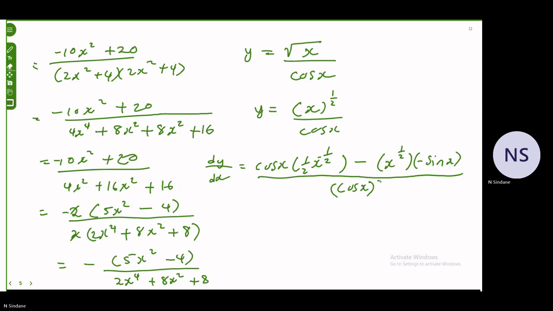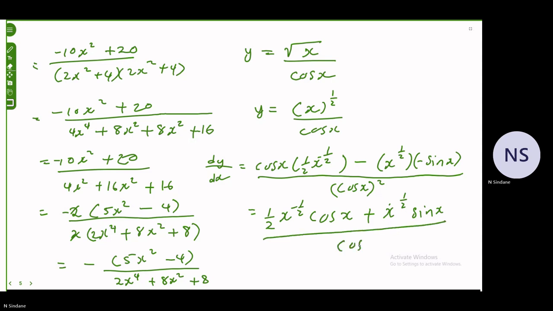Then this gives me 1 over 2 x to the power negative 1 over 2 cos of x, minus, going to be plus, x to the power half sine of x, divided by cos squared of x.